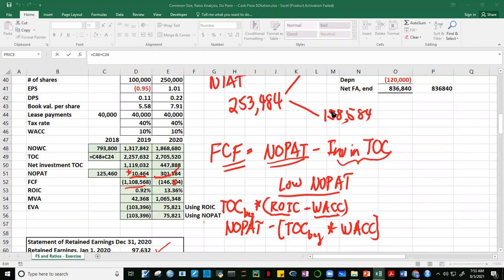Okay. All right. Any other questions, guys? Before we proceed. Okay. Again, let me ask, guys, clear so far? Clear ba so far, guys, yung up to NOPAT?